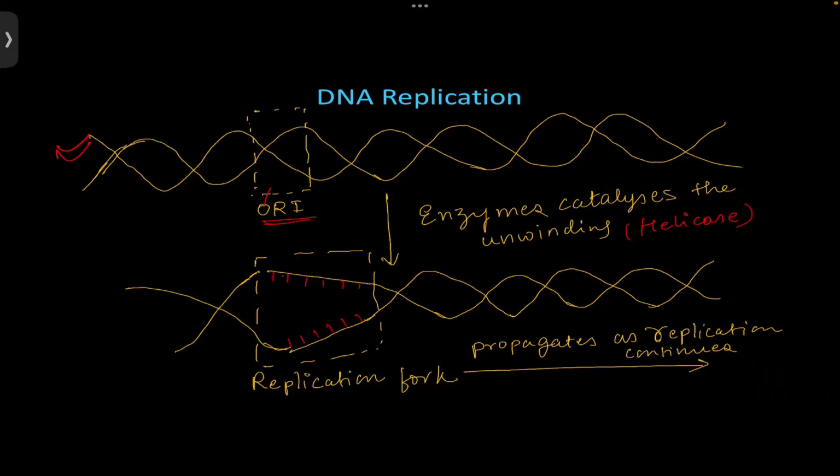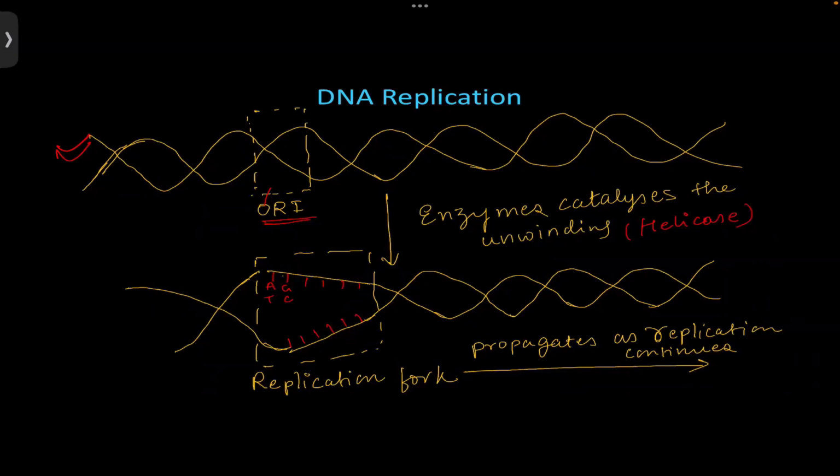In the next step, when the polymerase enzyme comes, it can easily read these nitrogenous bases, which are marked with red. After reading, it can appropriately add the monomers, the nucleotides, in a complementary manner. If there is A, in the new strand T will come. If there is G, in the new strand C will come. In this way, the new strand will be formed, complementary to the original strand.